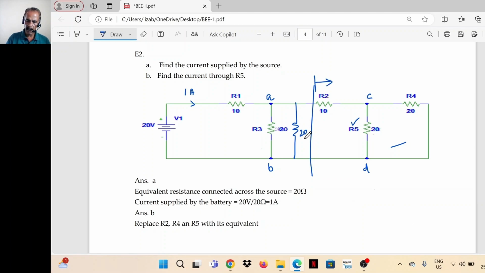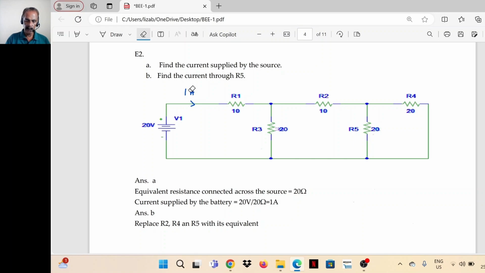These two 20s in parallel again become 10, so I'll draw one more line and replace them with a 10 ohm resistor. So 10 plus 10, 20. That is the total resistance across the circuit. So 20 by 20 is 1 ampere. 1 ampere is the total current supplied by the battery.